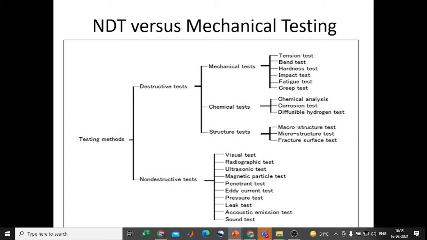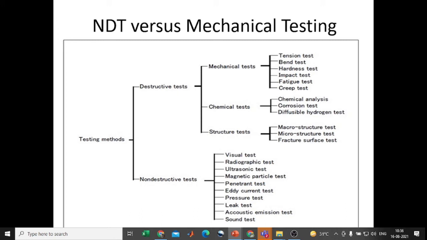Pressure test means, if you are producing a boiler, the boiler pipes have a wall thickness. The pipes undergo welding, so that through welding we can join the different pipes with each other. In welding, there may be subsurface cracks or any cracks. So I may fill the pipe with water, and also I can increase the pressure of the water with an external pump.